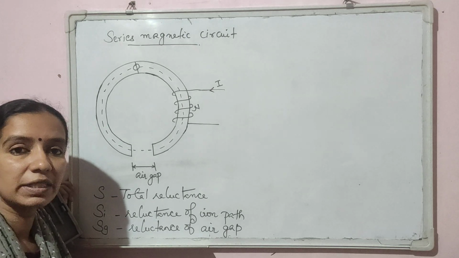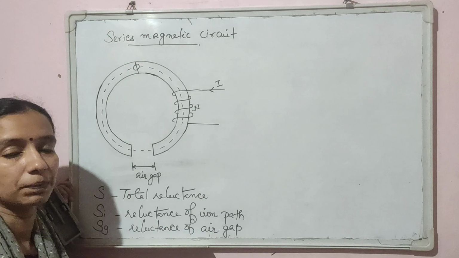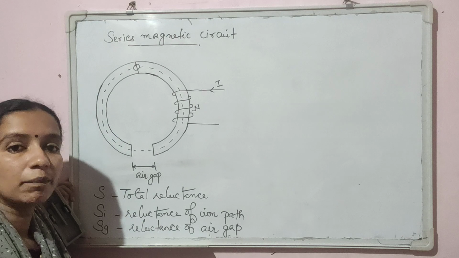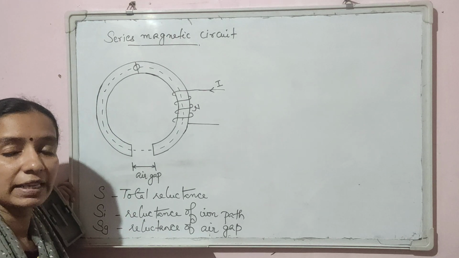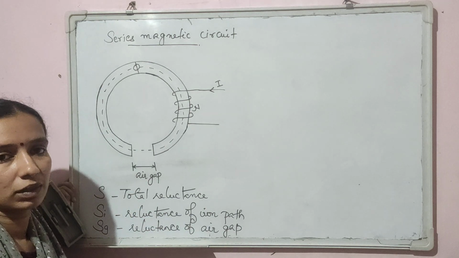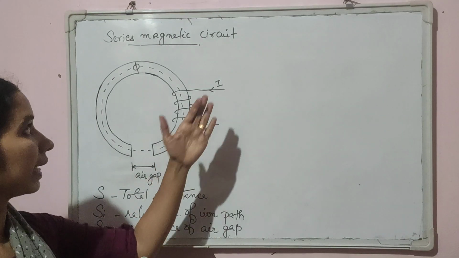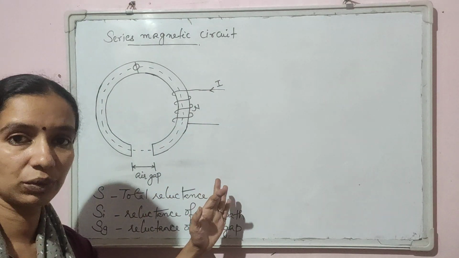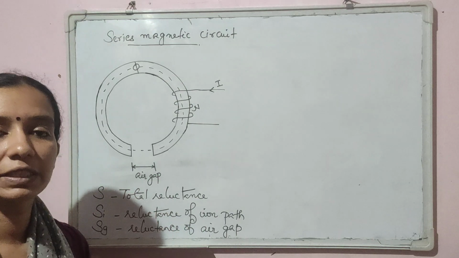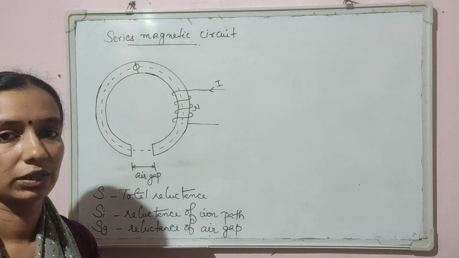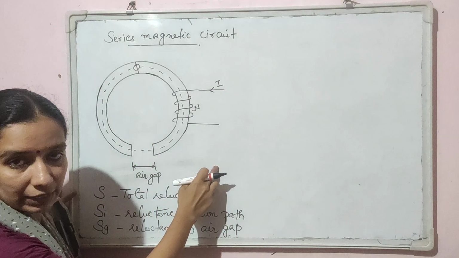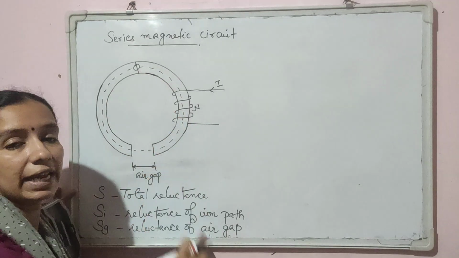In a series magnetic circuit, there is more than one magnetic material, and the flux linking with the entire circuit is the same. So here we have iron as well as air, two different materials, and the same flux links with the entire circuit.